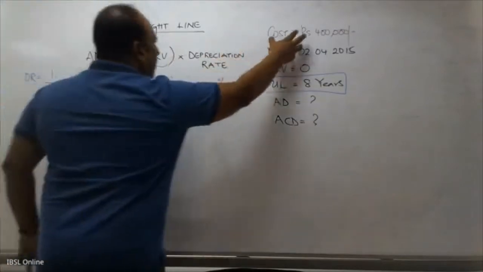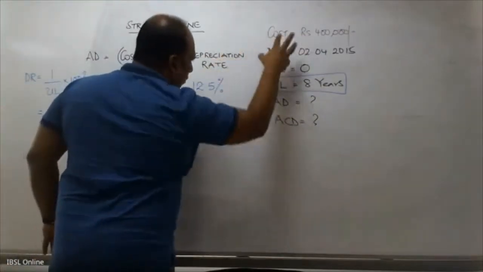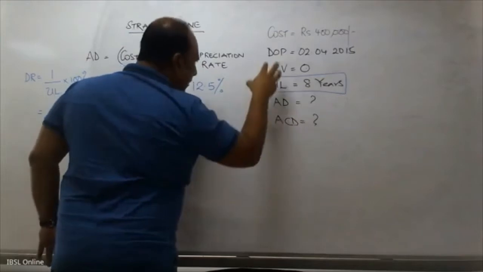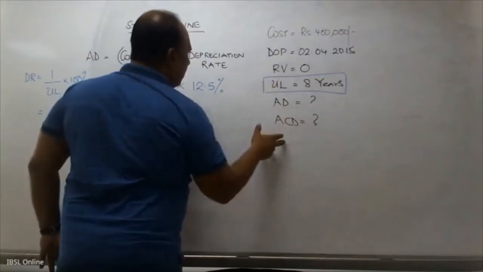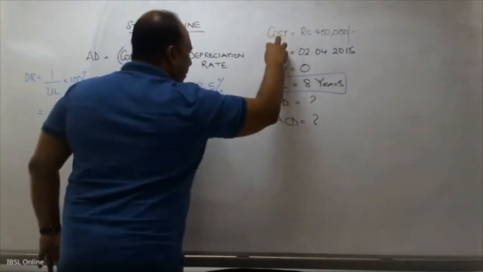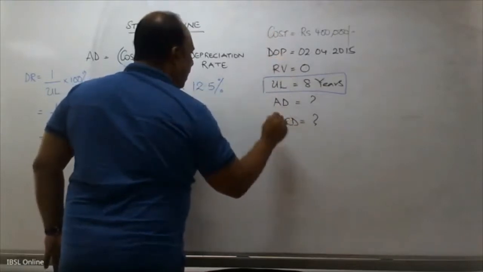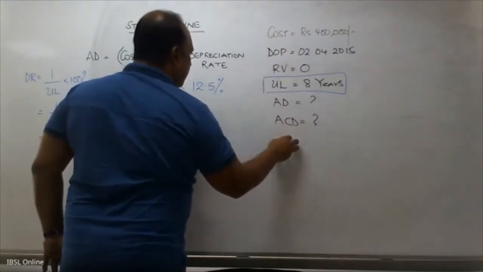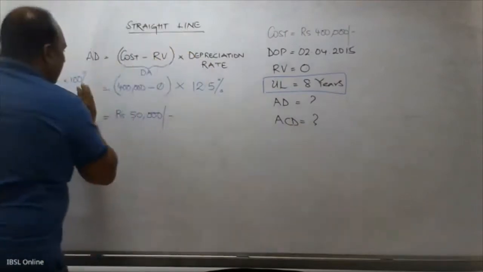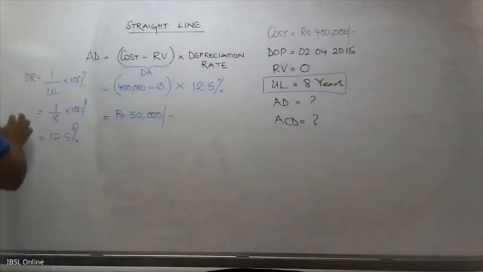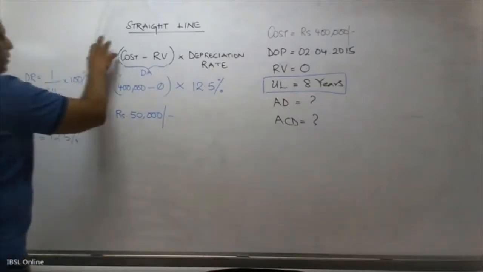First, read the question and take the inputs from it. You can practice this in your examination hall as well: take the important details into a summary like this, write it in the answer book, then calculate whatever is required, like the depreciation rate, and then go to the question.